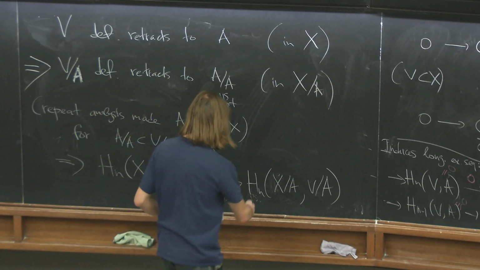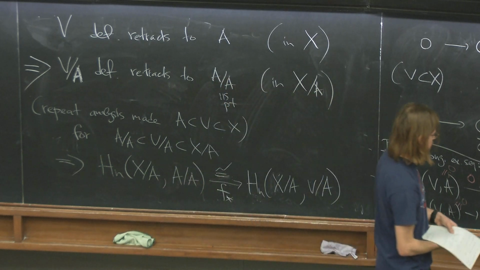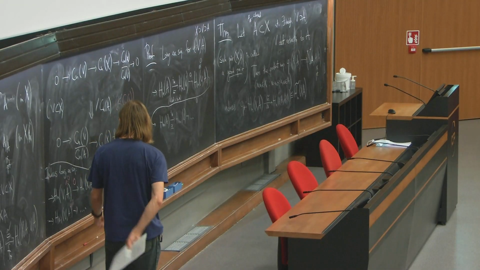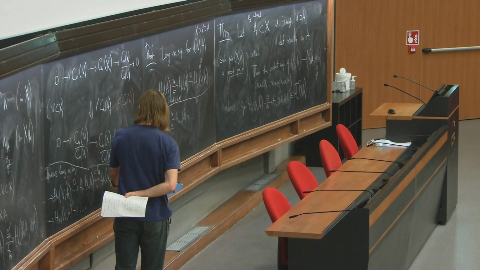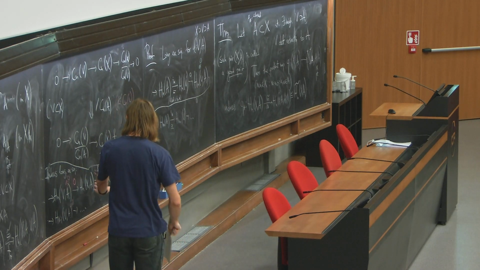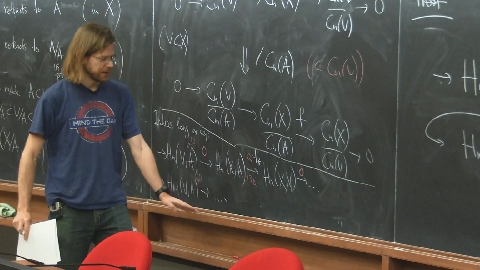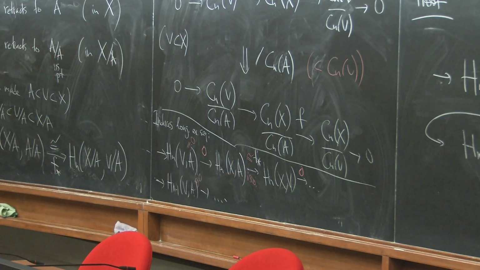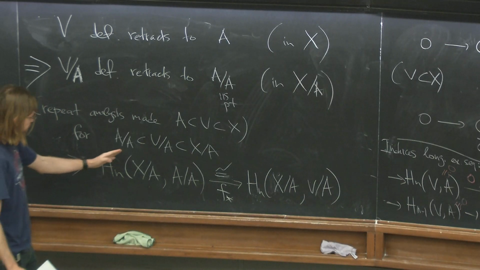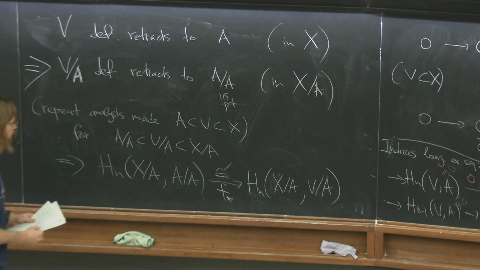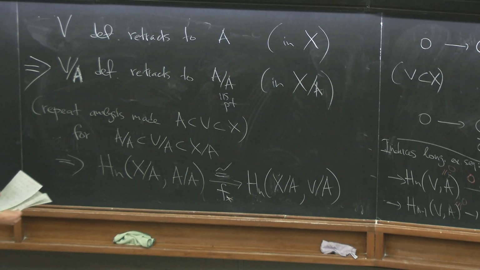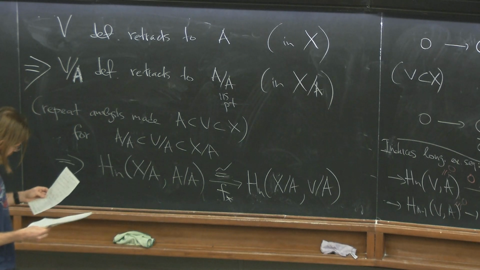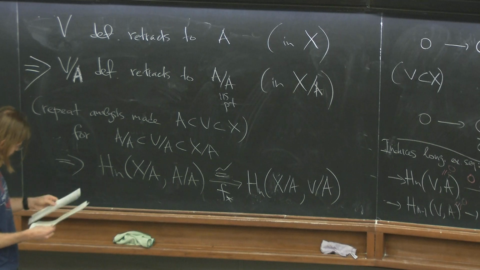So again, I abuse my notation and use the same notation as here. So here we had the homology of X relative to A isomorphic to the homology of X relative to V. And now we just do the same thing, but we quotient everything by A. This respects all the conditions which we had, and we get this isomorphism between the homologies of these quotient spaces.